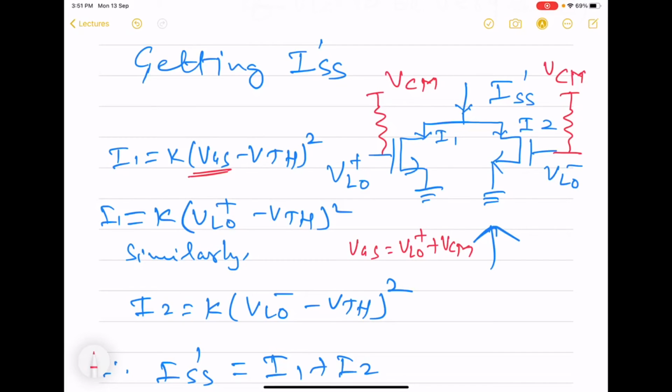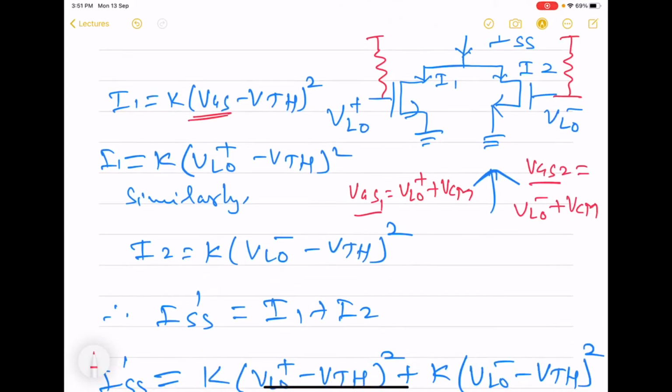Similarly, for the second VGS, what we get is VLO minus plus VCM. So now our VGS get modified because of this VCM.